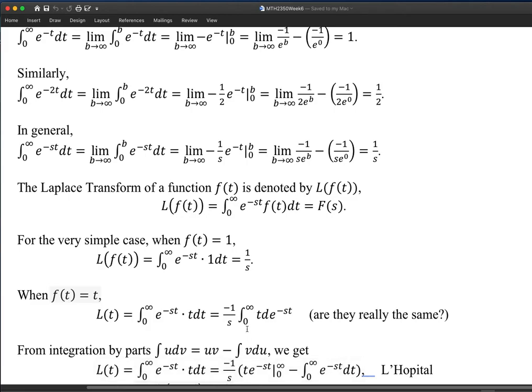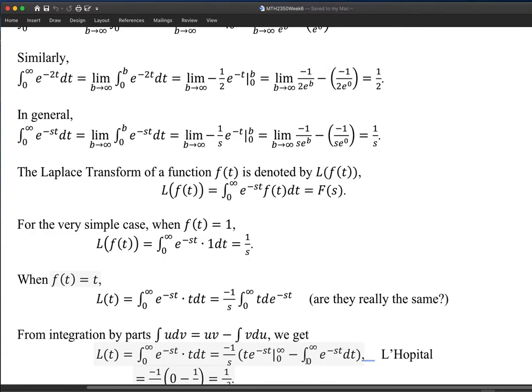And certainly this is an improper integral, so it is always a definite integral. We do have the lower bound and upper bound for each. For this improper integral here, as we calculated earlier, it's 1 over s.